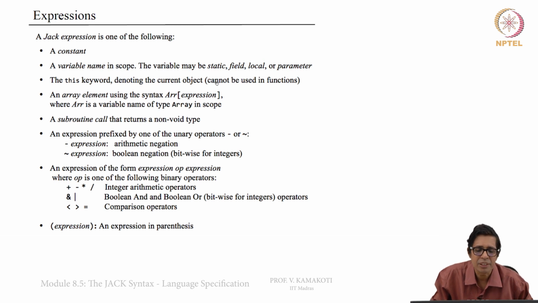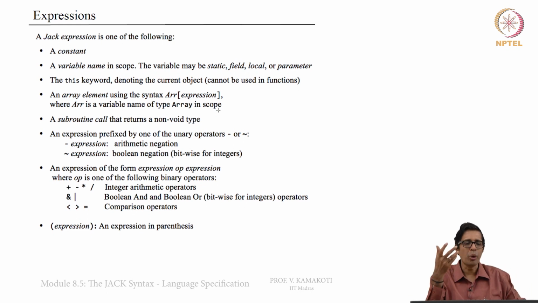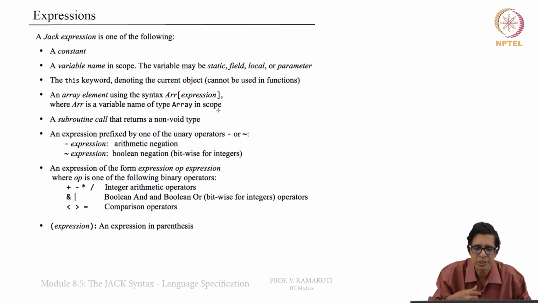The this keyword denoting the current object cannot be used in a function, but it can be used in methods, right? This is an expression. An array element using an array expression, where ARR is a variable name of type array. It should be in scope, the scope of the variable. I hope all of you know what the scope of a variable is, right? So, it is within the definition. So yes, this is an expression.